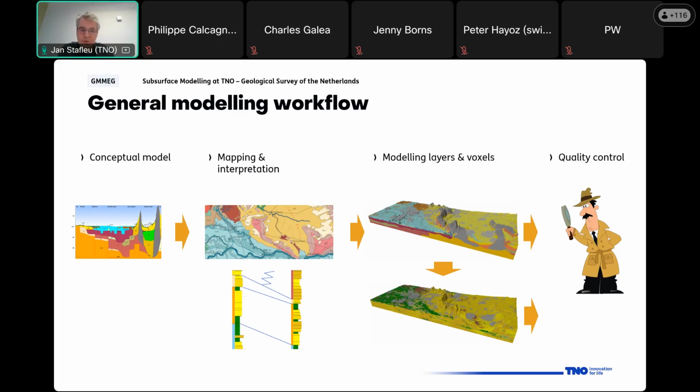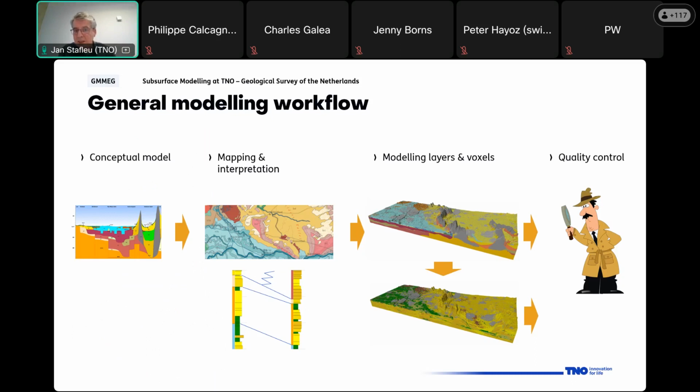Then we look at the boreholes, and these boreholes will be interpreted. They can be interpreted by hand, like in DGM and REGIS, or they can be interpreted using automated procedures. That is the way that we use for GeoTOP. Then we do the actual modeling using the data from the boreholes and the spatial extents from the mapping effort.